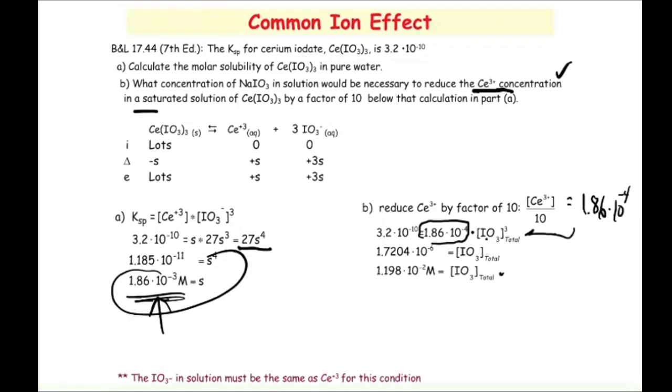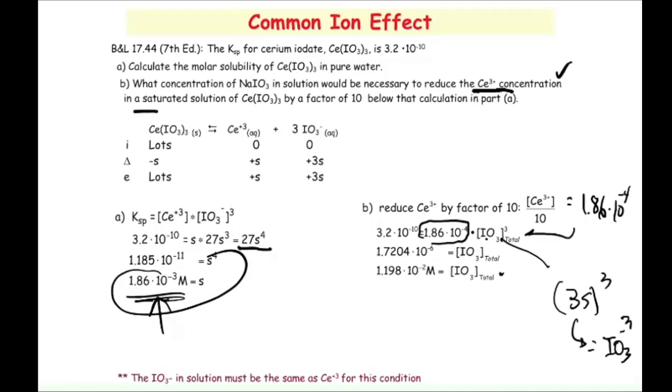So when we do that, we get iodate cubed, and you might ask yourself, why don't I put 3S cubed? Why can't I do that? Well, 3S is the iodate concentration in solution. That's the total. 3S equals the total iodate concentration in solution.